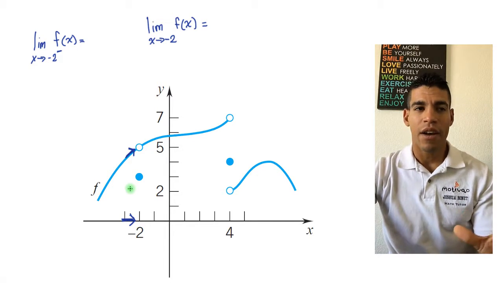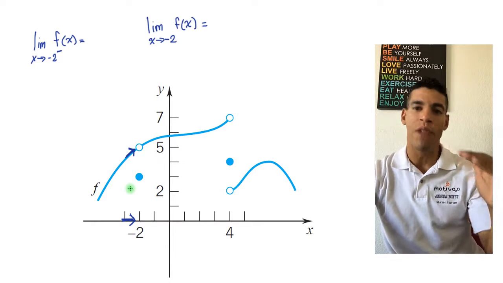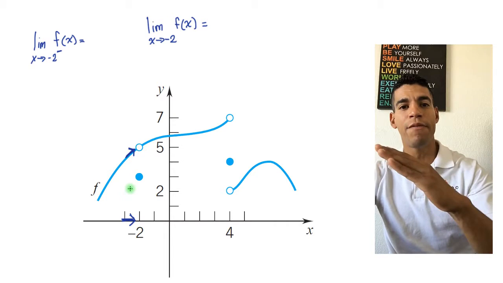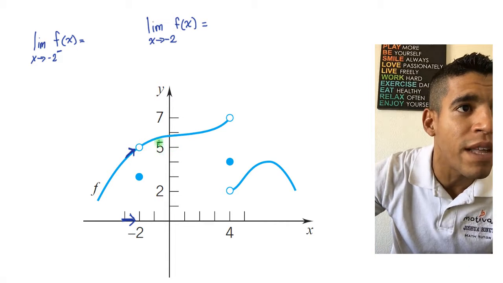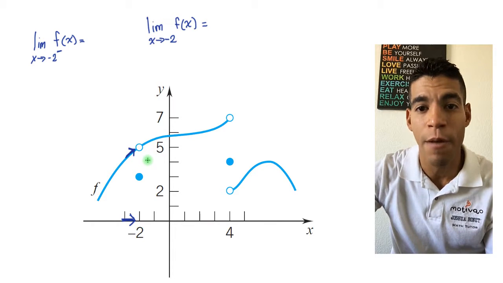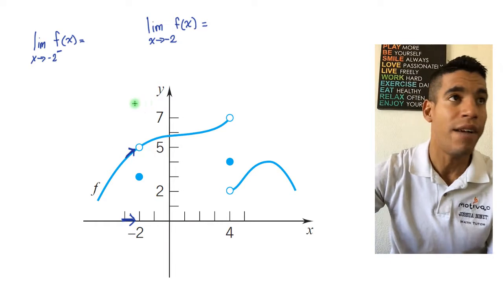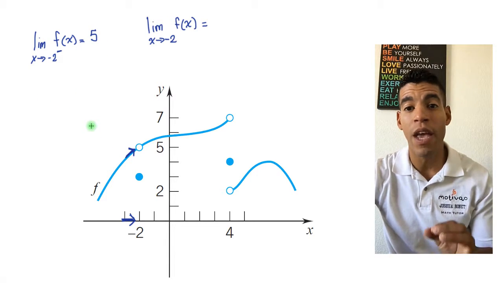That's okay. But the limit has to satisfy that both left and right are equal. So approaching from the left, it seems like the function is approaching the value of 5. Okay? So that is the limit when x approaches -2 from the left. It's 5. Now we're going to do the same thing from the right.